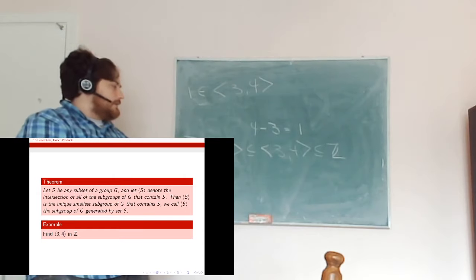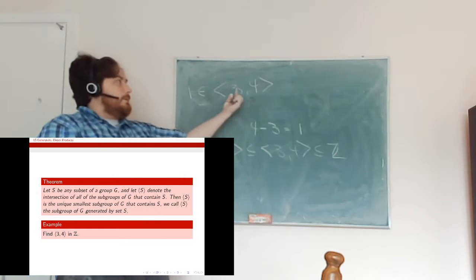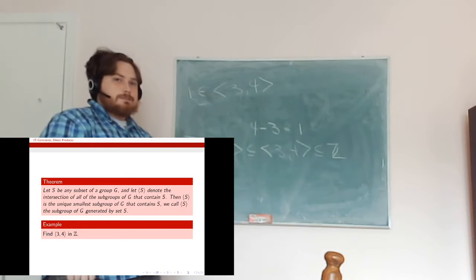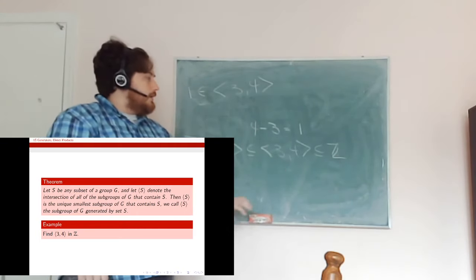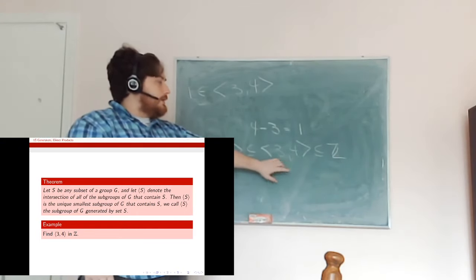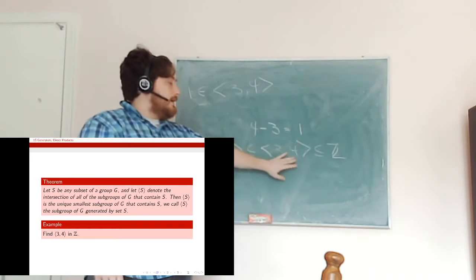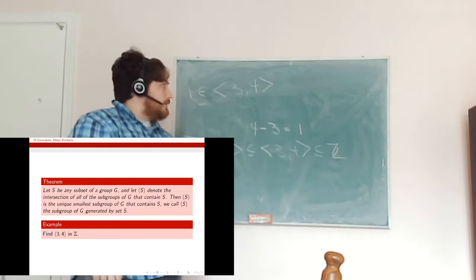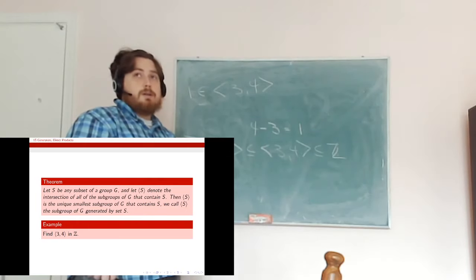So what we end up with is that the group generated by both 3 and 4 is indeed going to be the set of all of the integers. And as someone stated, that's because they're coprime: the greatest common divisor is 1, so I can find something where I get out a 1, and then I'm going to get out all of Z. Do you guys see that working out?